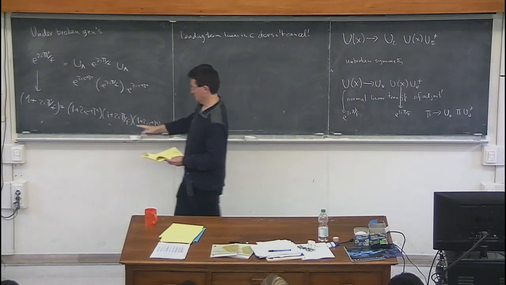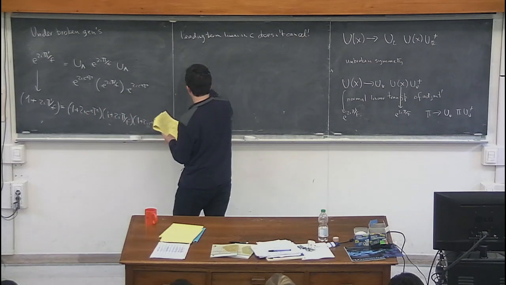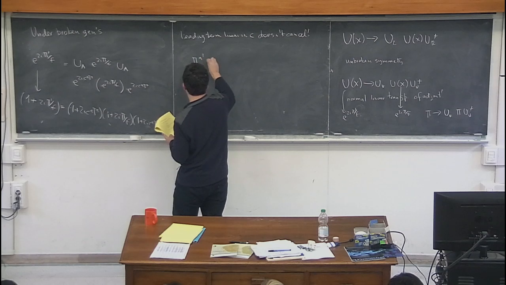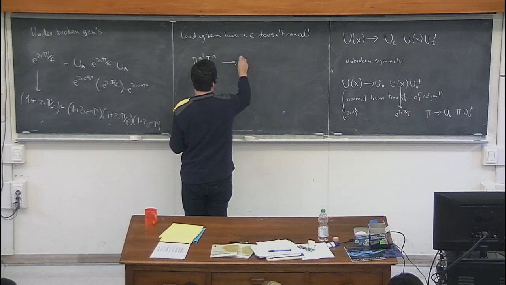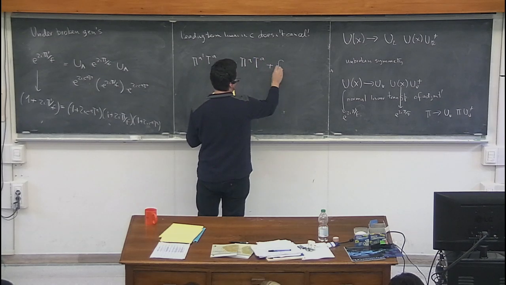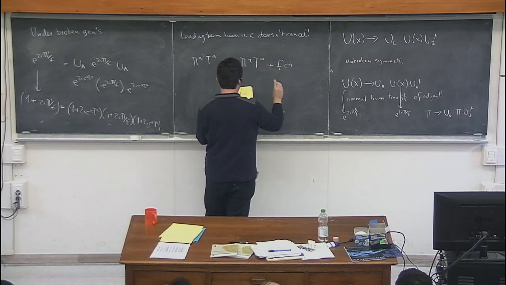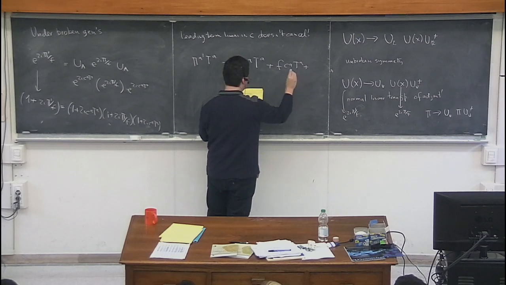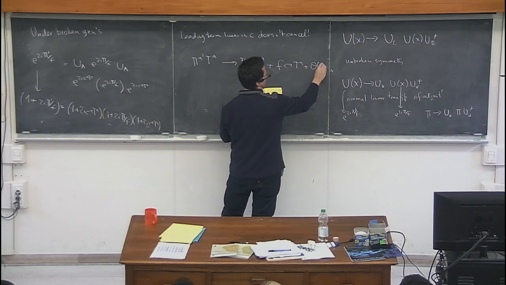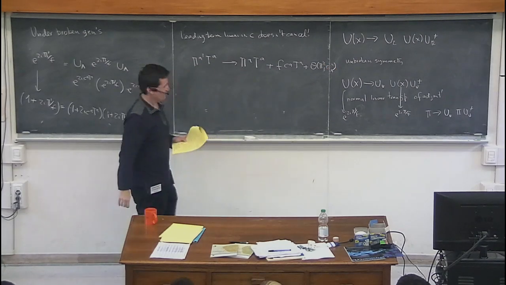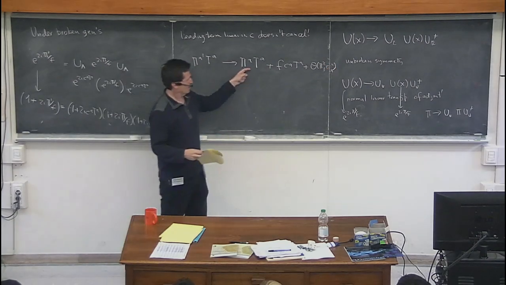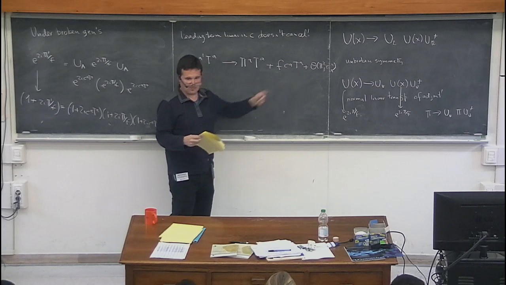And that will tell you that pi^a prime T^a will go over to the original pi^a T^a plus f c^a T^a, plus higher order terms in all the other fields. So to leading order, there's got to be a shift in the pion.